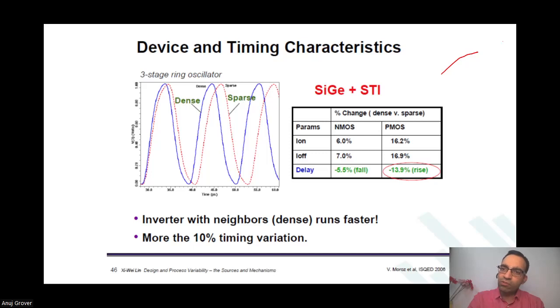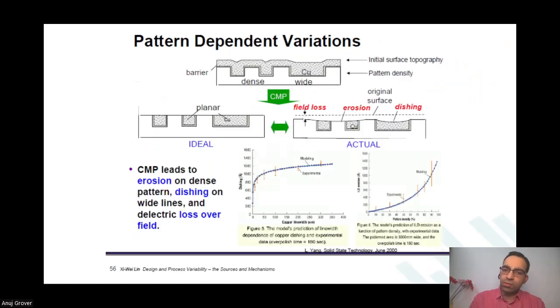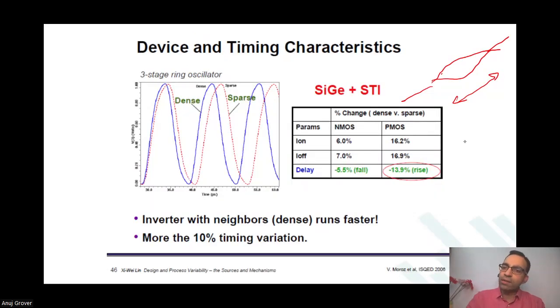Between two devices, there would be a beak that would form, and there was a minimum DRC that was supposed to be maintained. We said, okay, we do not want to go with this beaking. We will open up the silicon and deposit oxide in there so that we can have denser layouts.